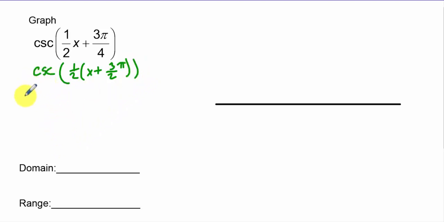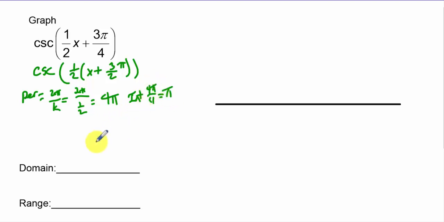We have a cosecant, which is a period of 2 pi. So period in this case is 2 pi over k. K in this case is a half. So 2 pi over a half is 4 pi. Our intervals are dividing by 4. So 4 pi over 4, which is pi.